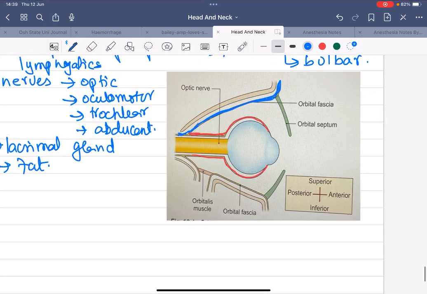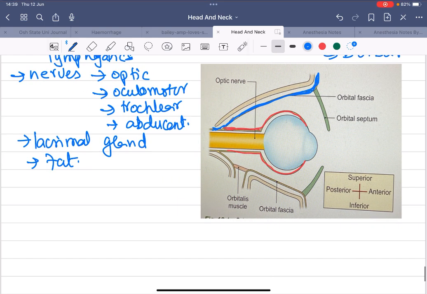As you can see in this diagram, this is our orbital fascia. Please remember, this orbital fascia forms the periosteum of the bony orbit.